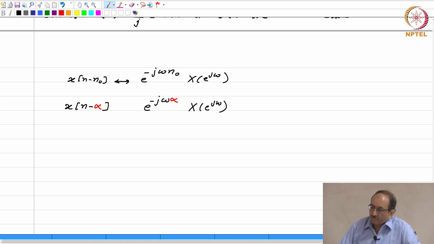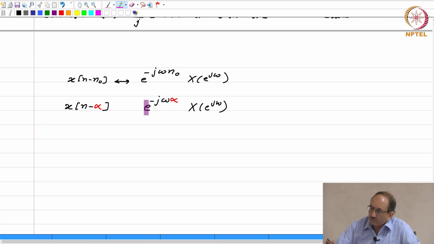So the point about this is it is not mere change of notation. Now alpha can be any quantity, not necessarily an integer, all right. So once you have this delay property, it suggests that you can delay a sequence by a fractional amount.